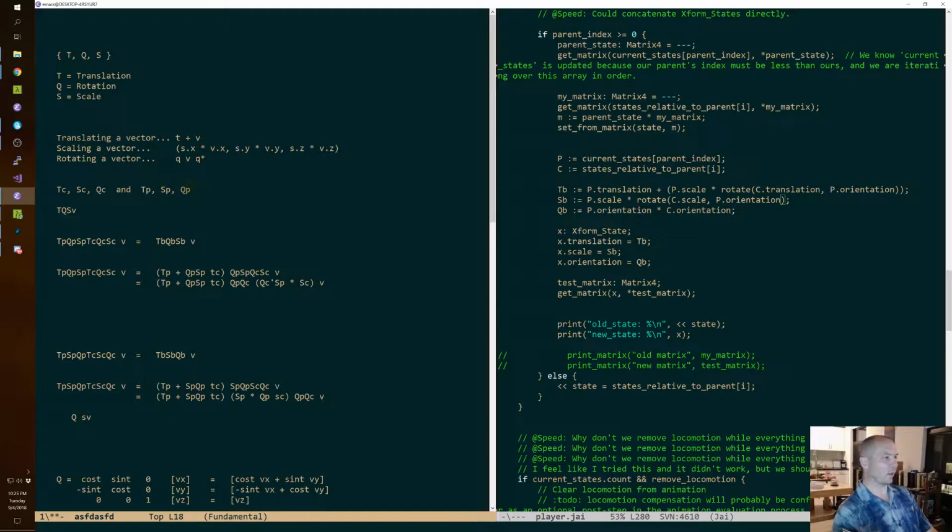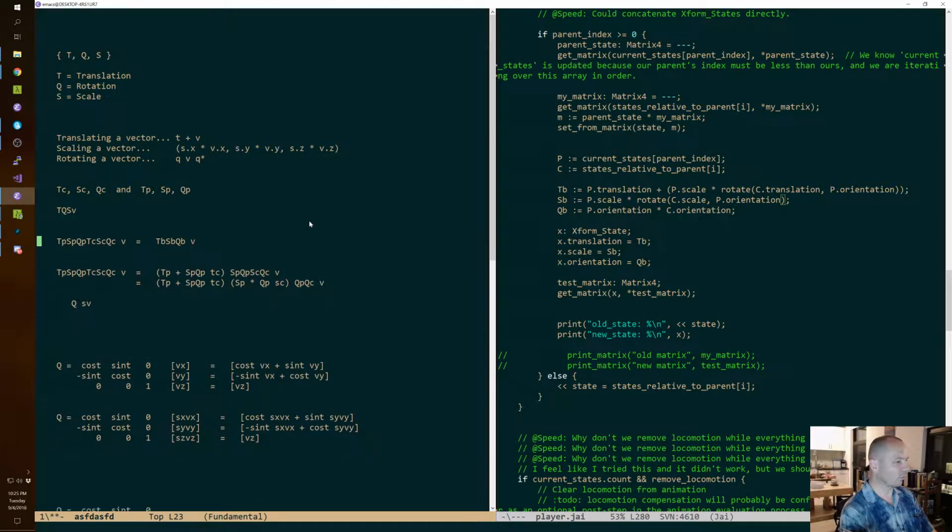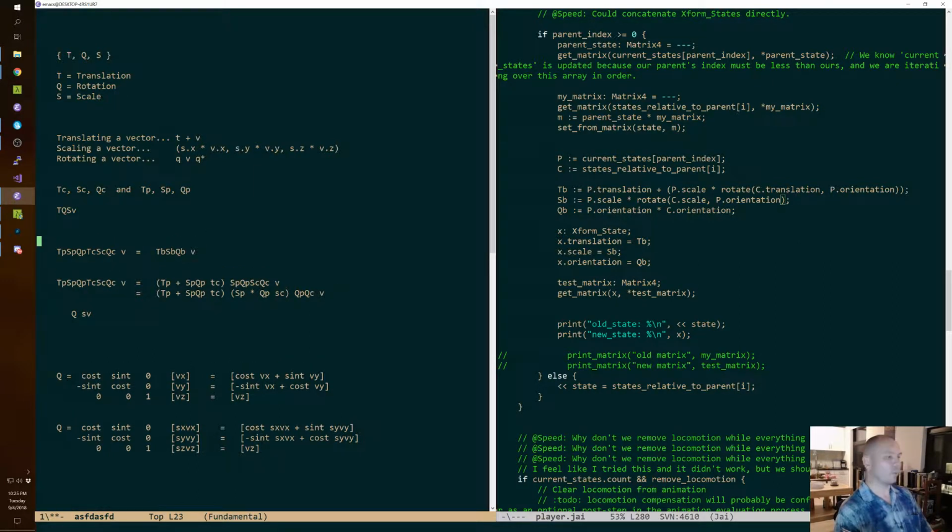If these are right-handed column vectors, then the rotation happens first, and then the scale, and then the translation, so it's like that order. Yeah, this is all old. Down here, it's the right order.